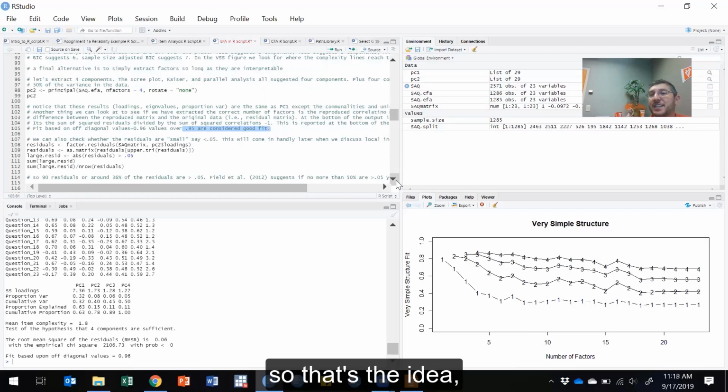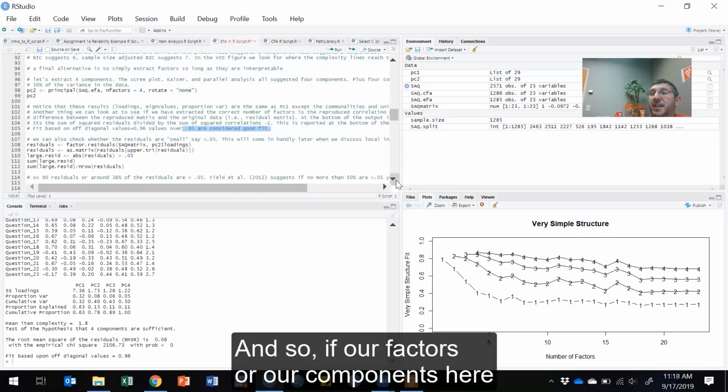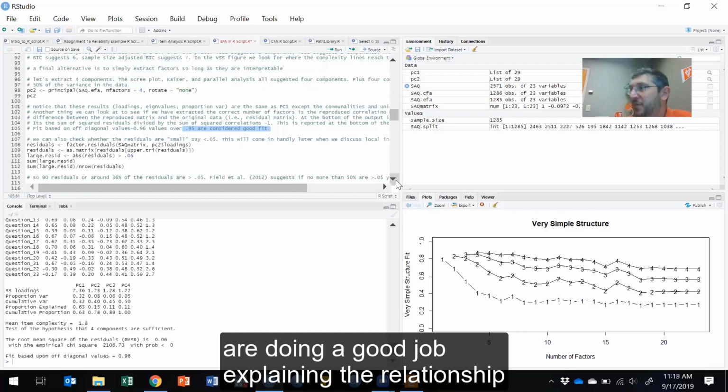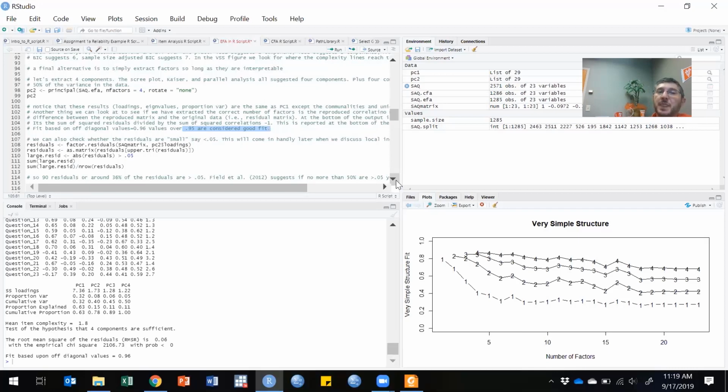That's kind of what the residuals are measuring. And so, if our factors or our components here are doing a good job of explaining the relationship among the variables, then the residuals should be low.